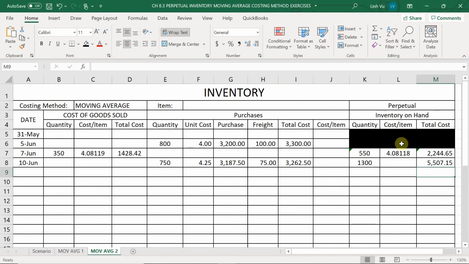Which then changes my average cost per item to be, someone calculate this. What number is this one right here? 4.23626. Good. Awesome. Okay.